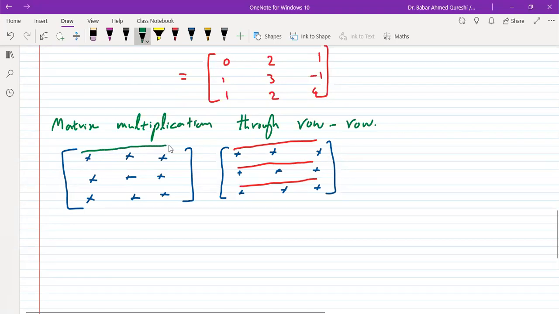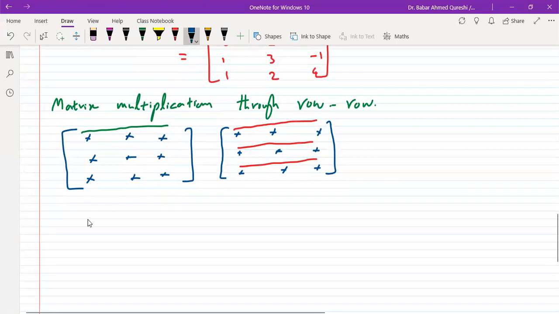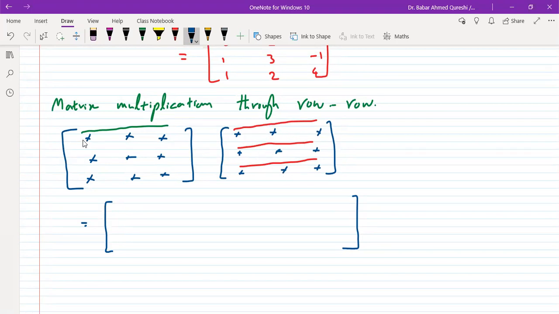What's the idea of multiplying by using rows in both matrices? You start with the first row and you make linear combinations of the rows of the second matrix, using the numbers in the first row, and that gives you the first row over here.